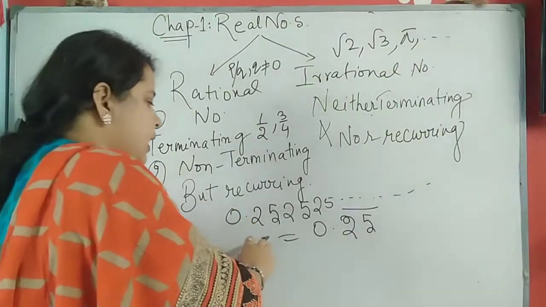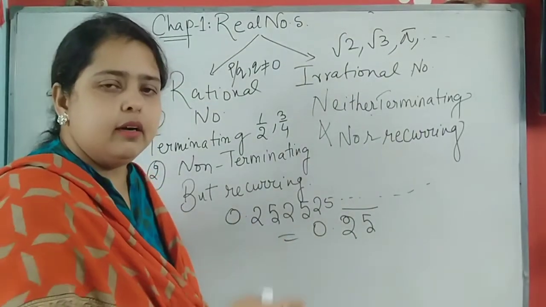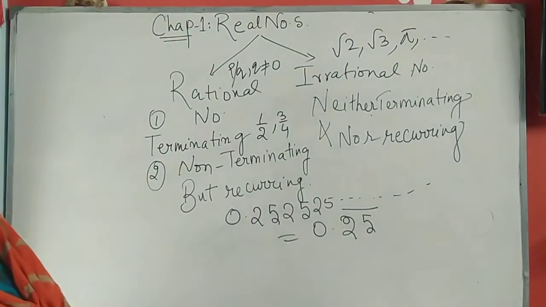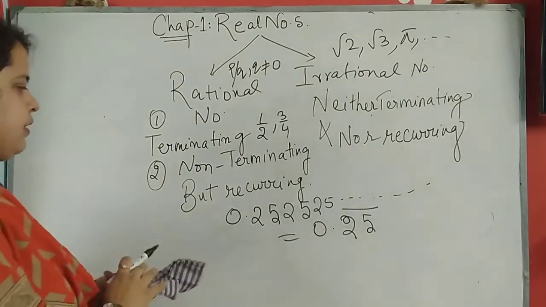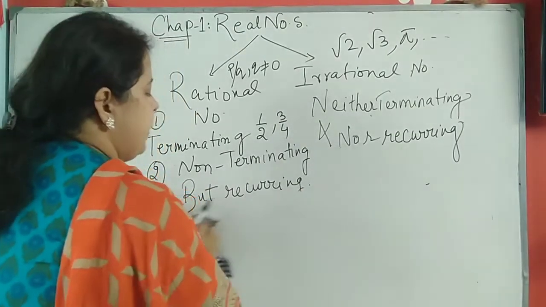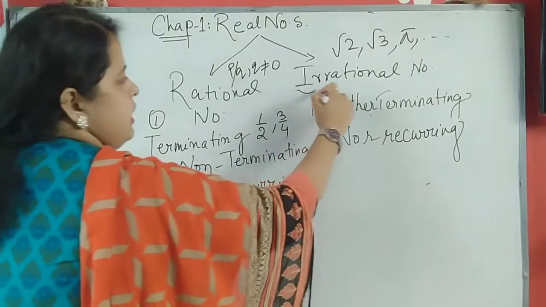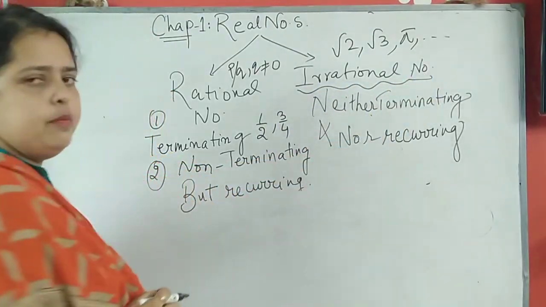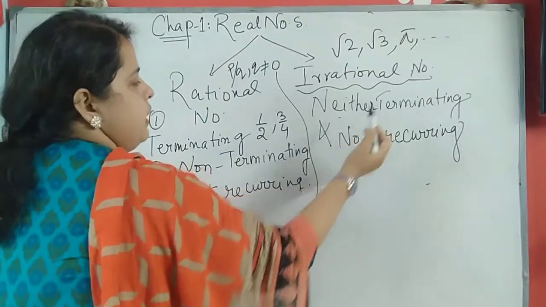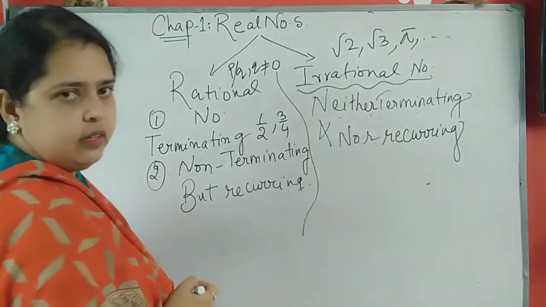And we are getting the repeating, recurring pattern after the decimal. So two types of decimal expansion for rational numbers. But for irrational numbers, the decimal expansion is neither terminating nor recurring.